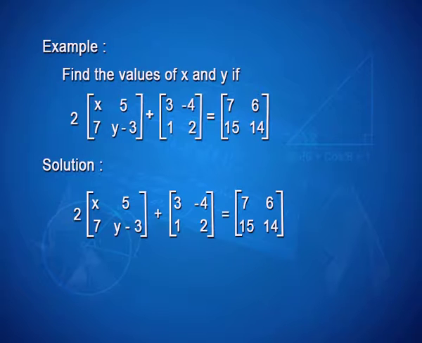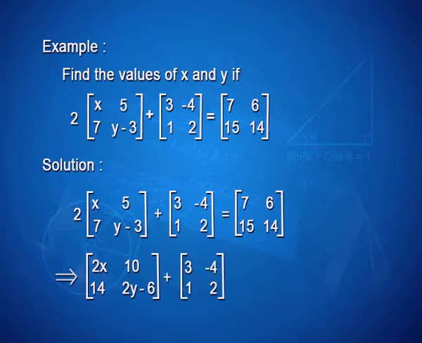That can be simplified as 2 into x is 2x, 2 into 5 is 10, 2 into 7 is 14, 2 into y minus 3 is 2y minus 6, plus [3 minus 4; 1 2], that is equated to the RHS [7 6; 15 14].